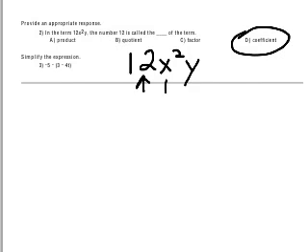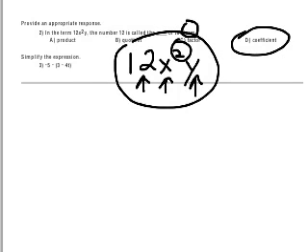The x and the y are considered variables. The 2 is an exponent. Each of these things, the 12, the x to the second power, and the y, are all factors. So it's good to know what all these things are. And the whole thing is considered a term. This is a term. Individual term.